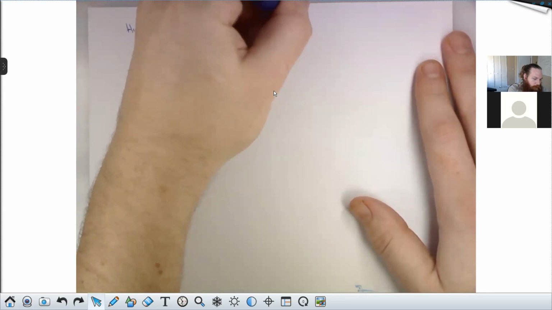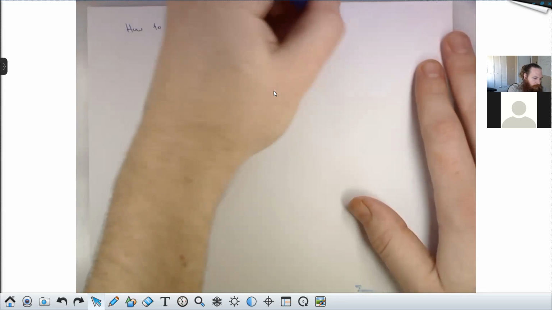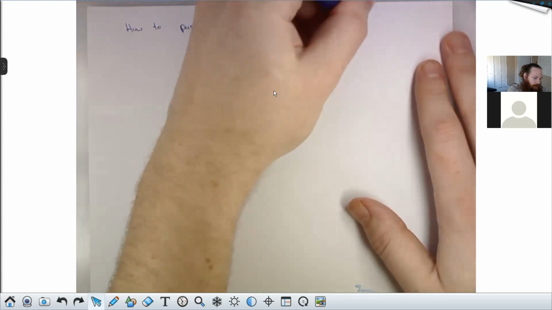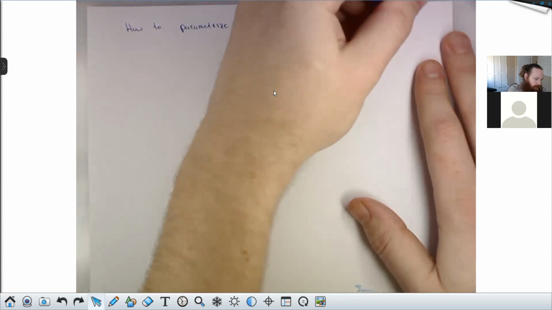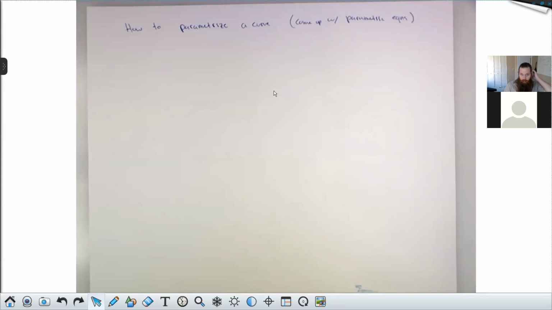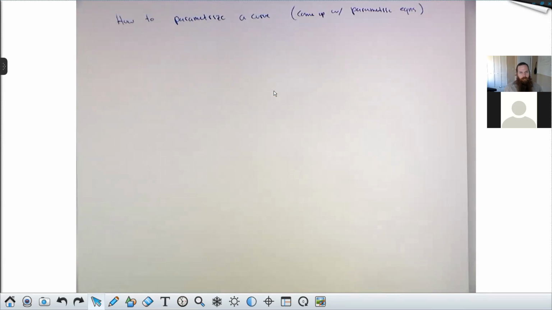In other words, how to come up with parametric equations. This is not as hard as it may sound, as long as the curve is given in the way we're used to curves being given, where x is a function of y or y is a function of x.